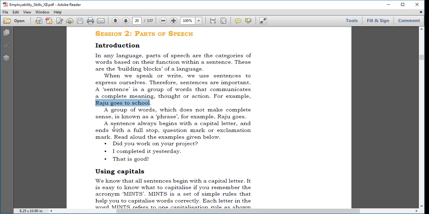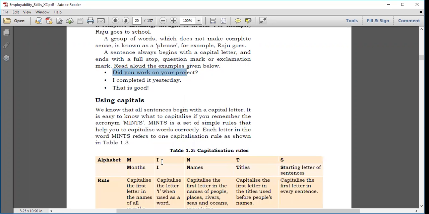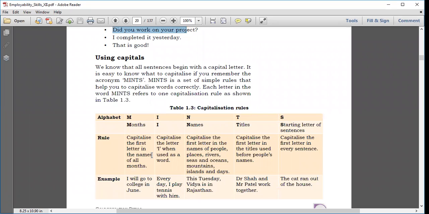Right? All sentences start with a capital letter and end with a full stop, question mark or exclamation mark. Right? Like this: Do you work on your project? Question mark. This is a complete sentence, full stop and exclamation. Then, using capitals. We know that all sentences begin with a capital letter, right?